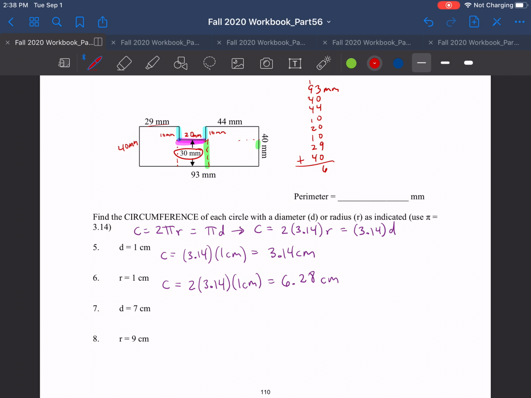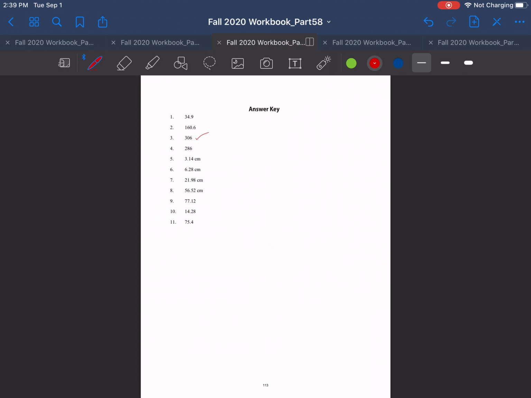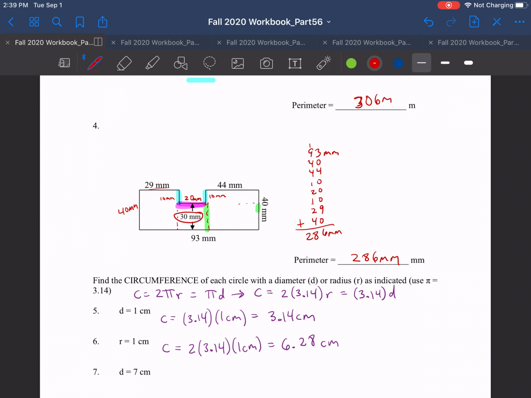That's what we get on the right-hand side there. And then 1 plus 9 is 10, plus 4 is 14, plus 4 is 18, plus 1 is 19, plus 2 is 21. Plus 1 is 22, plus 2 is 24, plus 4 is 28. So 286 millimeters. 286 millimeters should be our answer for that one. It's number 4. If we come check, 286 right there. That's what we got. That's what we wanted.